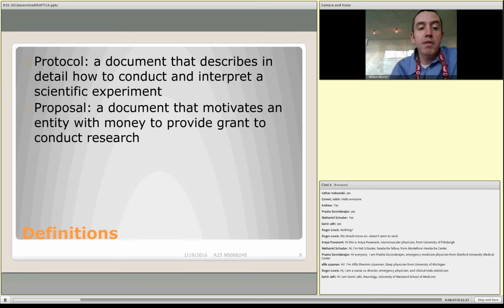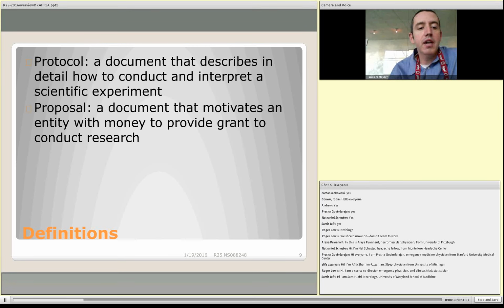In particular, we focus on the design of clinical trials in people. A proposal is a document that motivates an entity with money to provide one with the money or resources to conduct research. And these things are related but not overlapping.